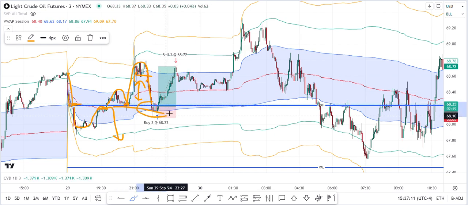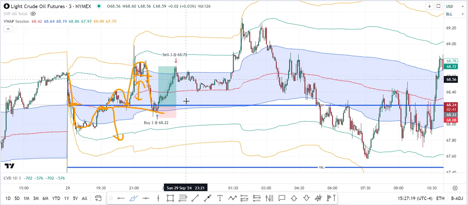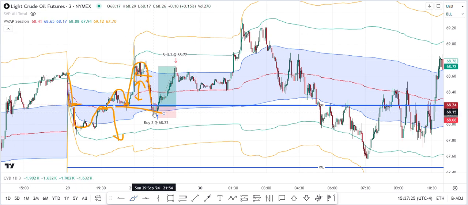The value area high is where I'm looking to take entries, or I'm looking for a reason to get into entries. So I've already got my idea.